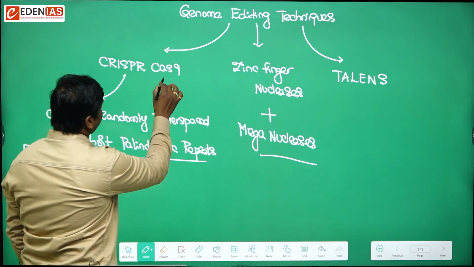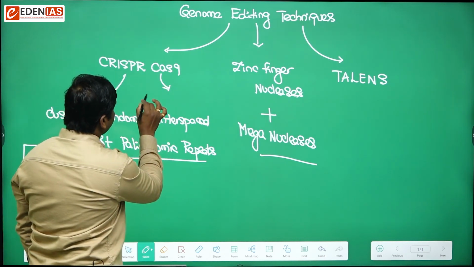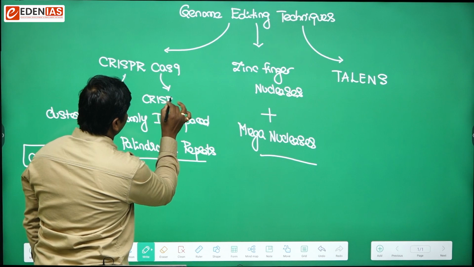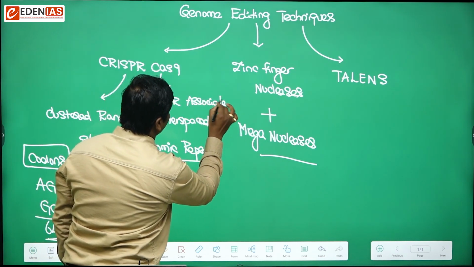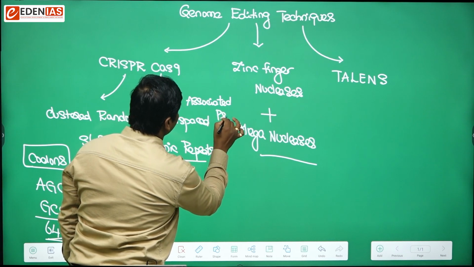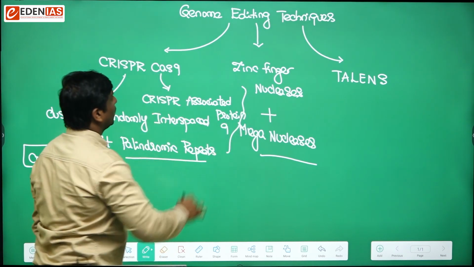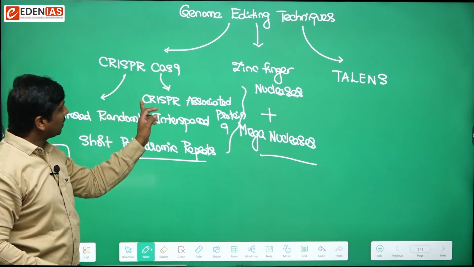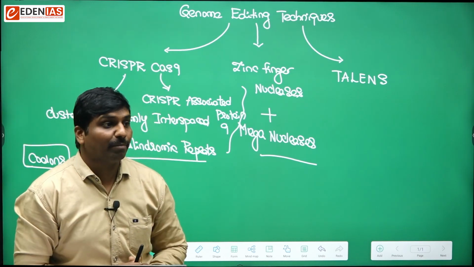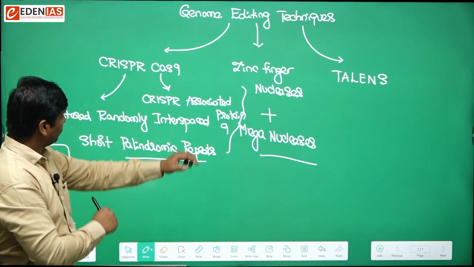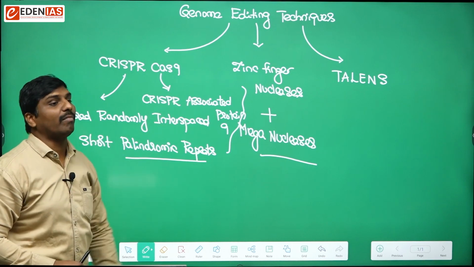Okay, and what does Cas9 mean? CRISPR associated protein 9. CAS means CRISPR associated protein 9. That is the name of the protein. In this technique, Cas9 acts as a molecular scissor.